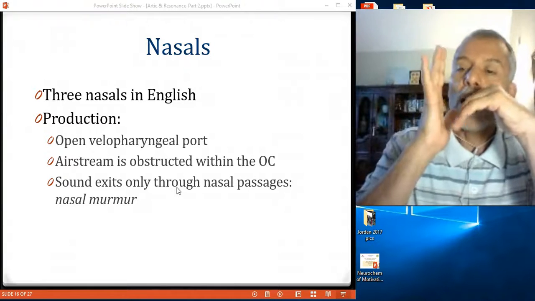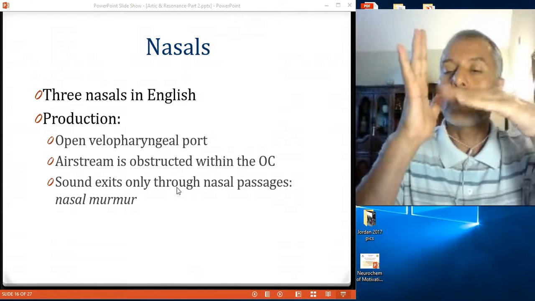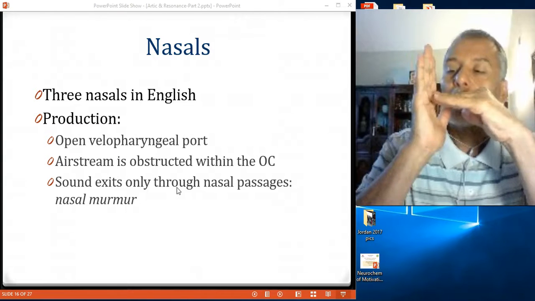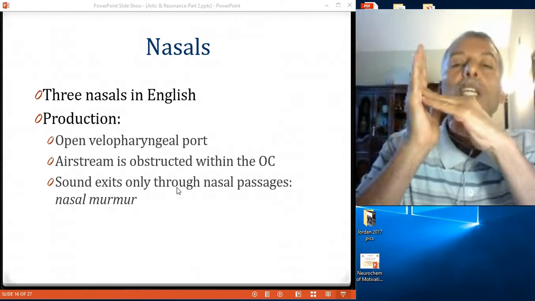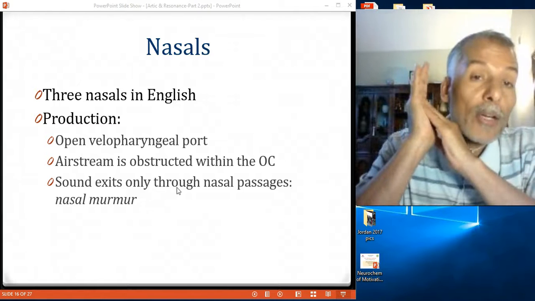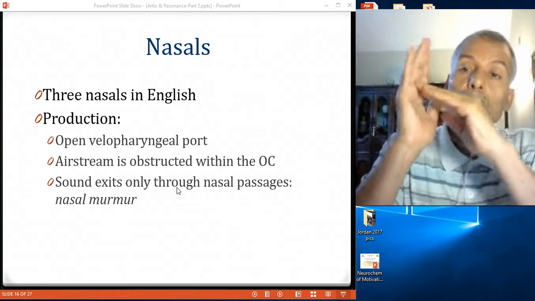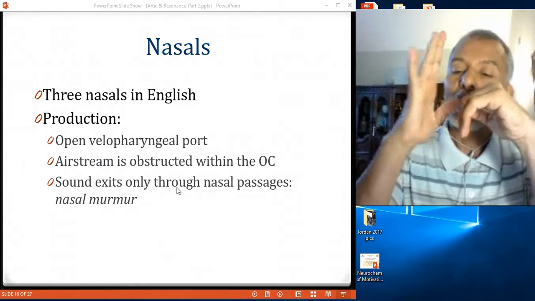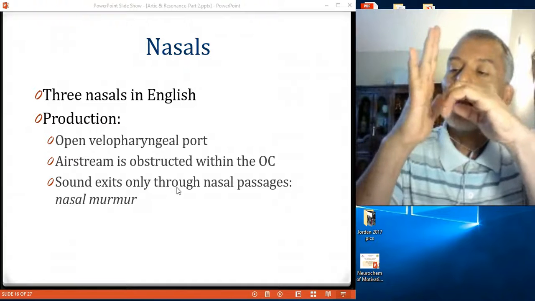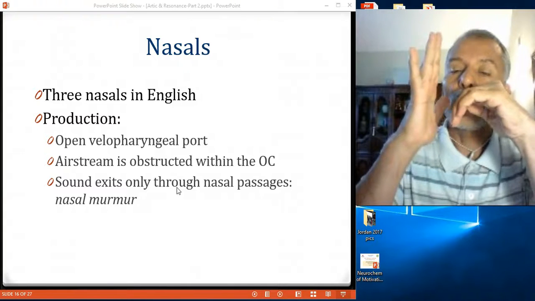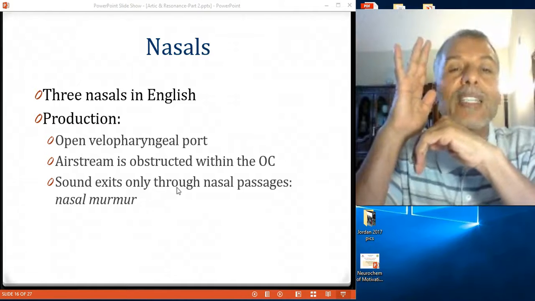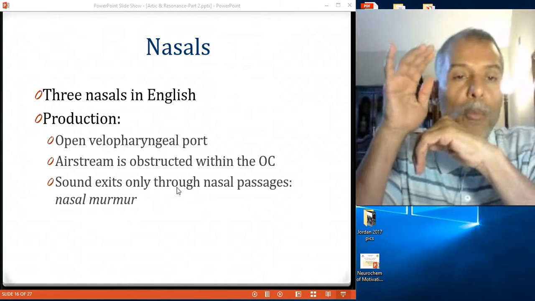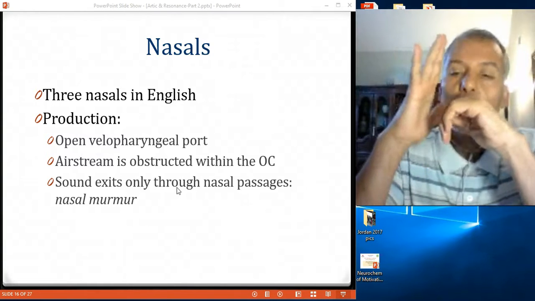And when you say ah, your velum is going to rise and close against the posterior pharyngeal wall. Now when you say a nasal sound, you need the air to go through your nose, so the velum must be down. The space between the velum and the posterior pharyngeal wall is called the velopharyngeal port. The velopharyngeal port. That's a very important concept.